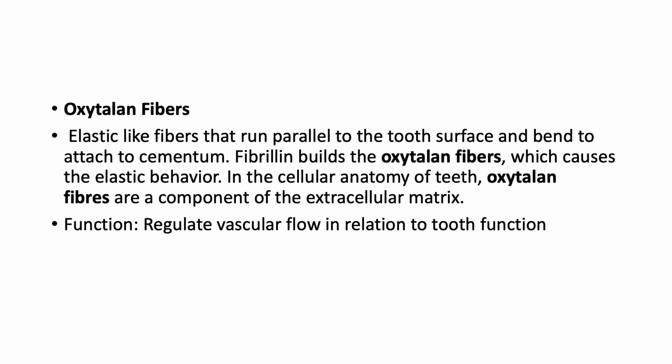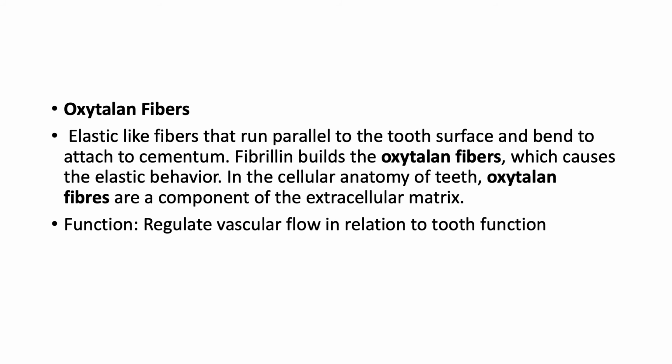Now we came to another type of fibers of periodontal ligament, which is oxytalan fibers. These fibers are elastic-like fibers, run parallel to the tooth surface and are attached to cementum. Fibrillin builds the oxytalan fibers, which causes the elastic behavior.